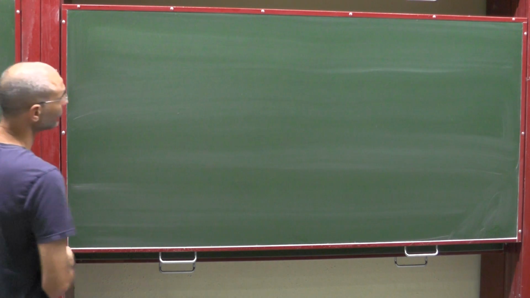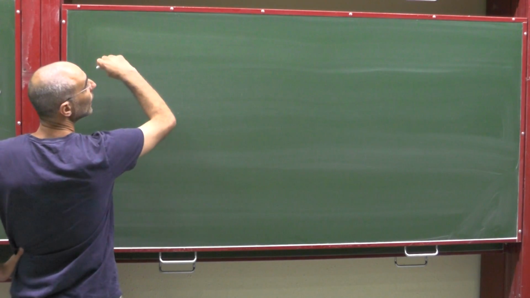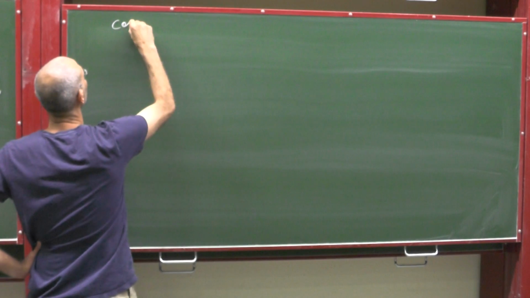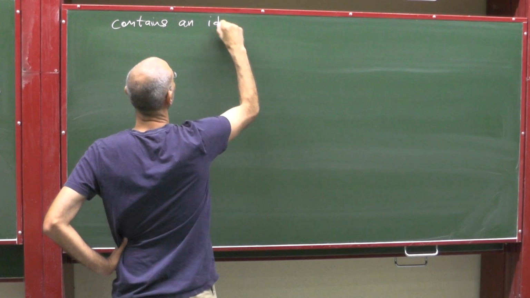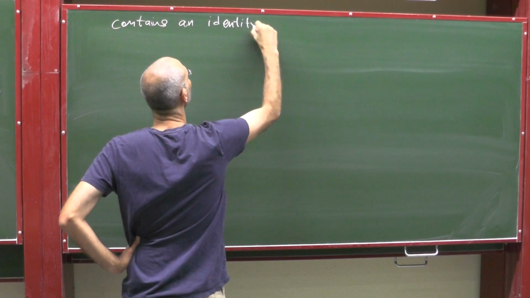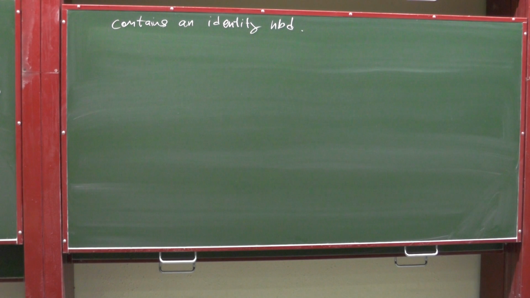I don't want to look at it now. Always contains an identity neighborhood. And we are done. This is the identity neighborhood in the image of the ball.